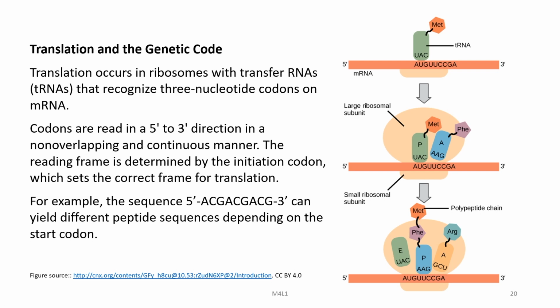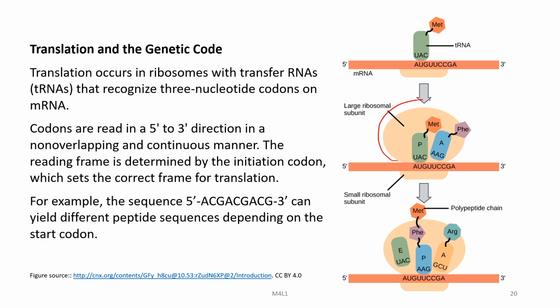Translation will occur in ribosomes with transfer RNAs. This is a tRNA that recognizes the 3 nucleotide codons on mRNA. Codons are read in the 5' to 3' direction in a non-overlapping and continuous manner. The reading frame is determined by the initiation codon, which sets the correct frame for translation.